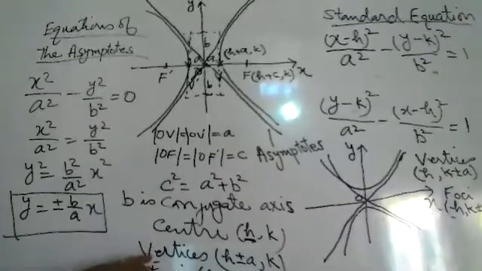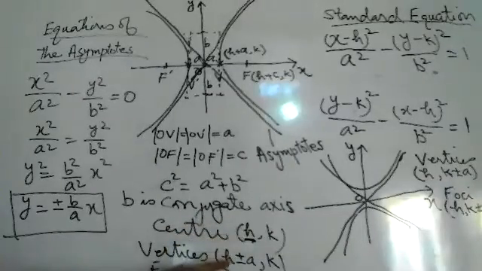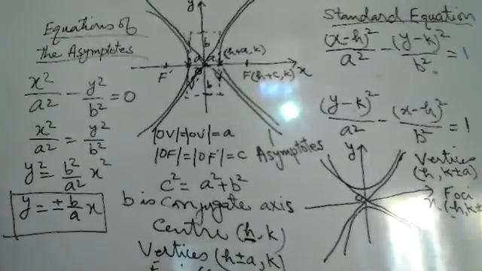And how to find the vertices? If it is along the x-axis, then in the x coordinate we will add and subtract a, and the y coordinate will remain as it is. For the foci, we will add and subtract c in the x coordinate of the center, and the y coordinate will remain as it is.